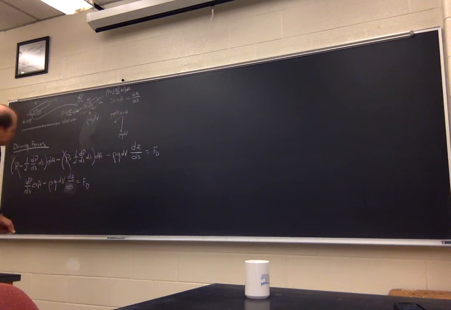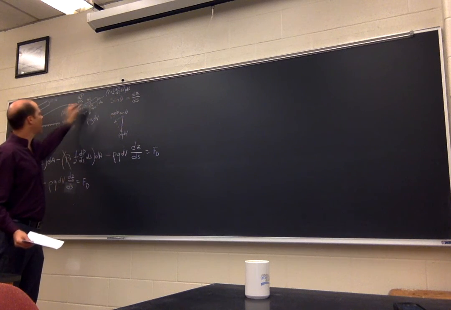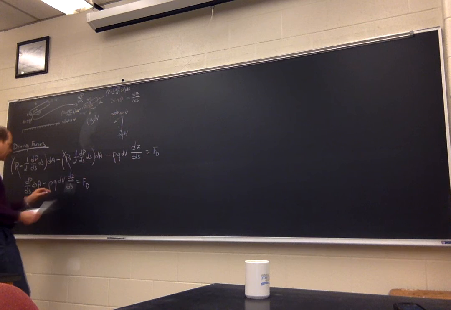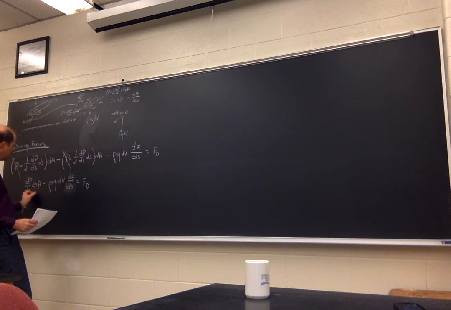The ds times dA is the volume of this control volume, so that what we actually have here is dV.